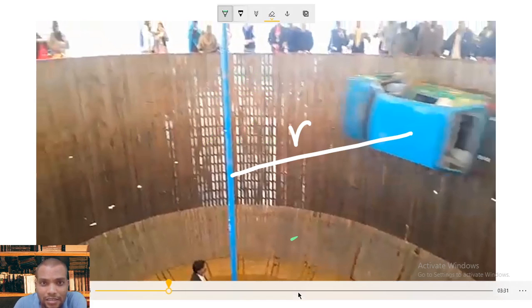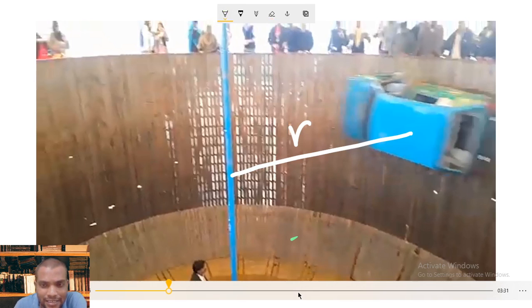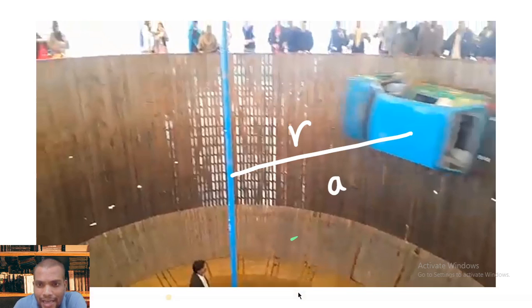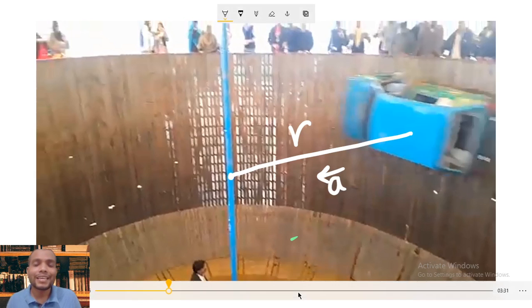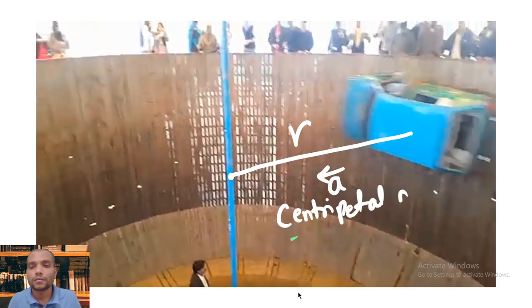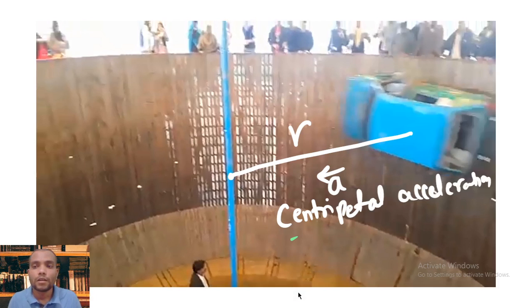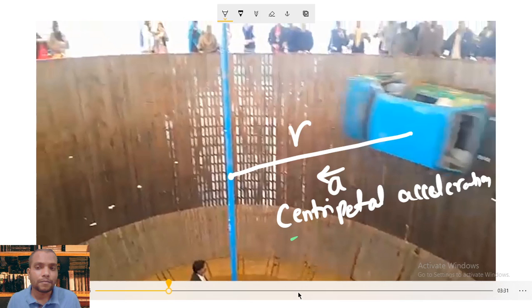The acceleration of the car directs towards the center. Now this acceleration is known as centripetal acceleration. Let us see how this acceleration directs towards the center.